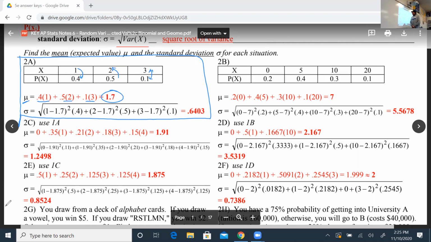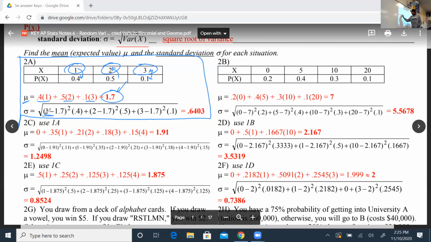Now the standard deviation is a royal pain. What you have to do is take each individual observation, the 1, the 2, and the 3, and subtract the mean of 1.7. Then you multiply it by its probability after you square it. So check it out.